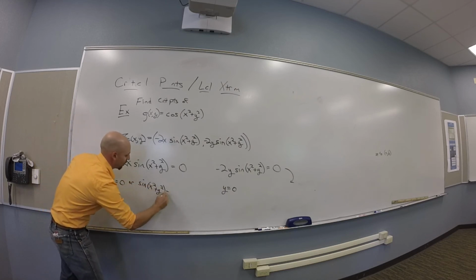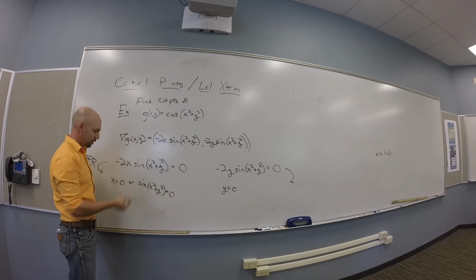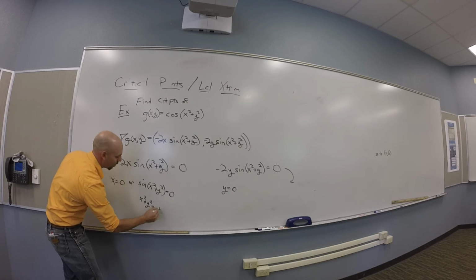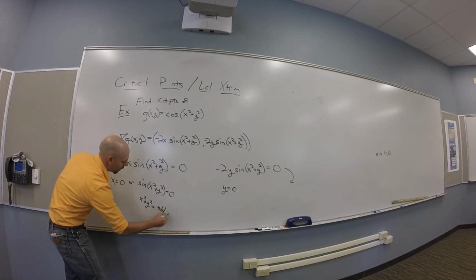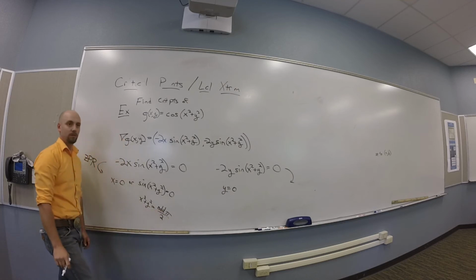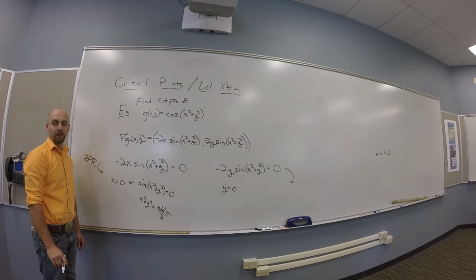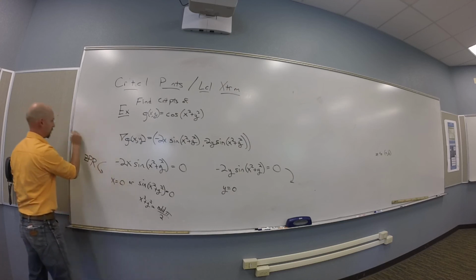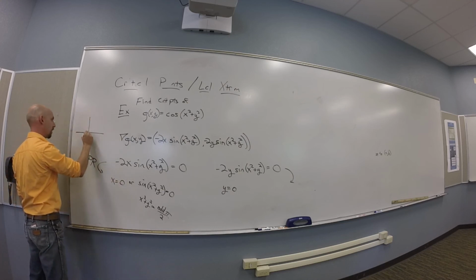Which in this case would be x squared plus y squared is odd pi over 2. Right? Wait, this is sine, so shouldn't it be just pi? How does sine work?